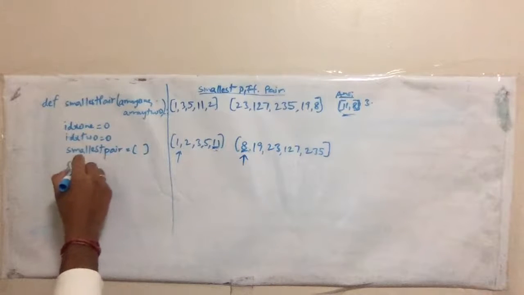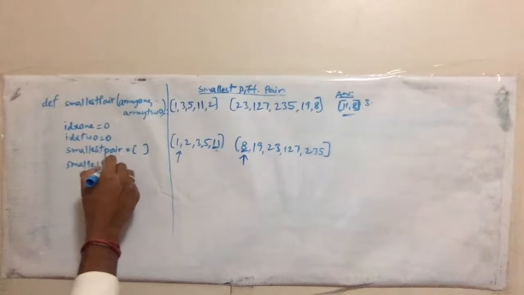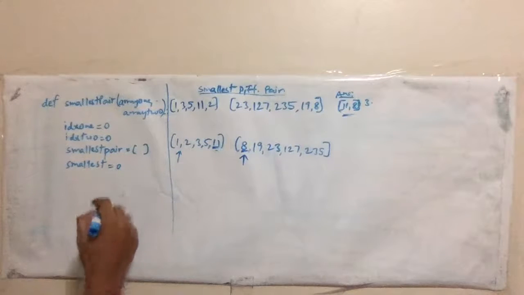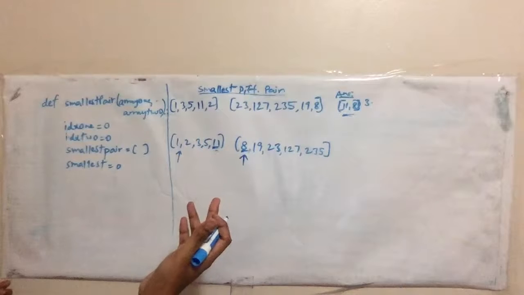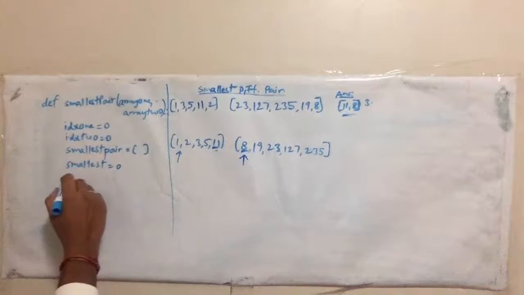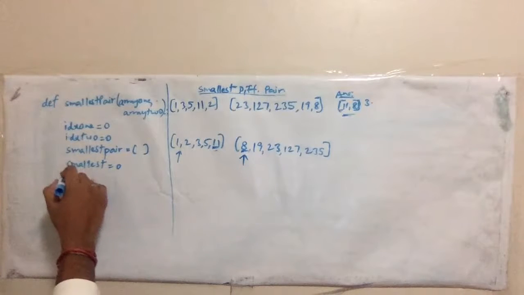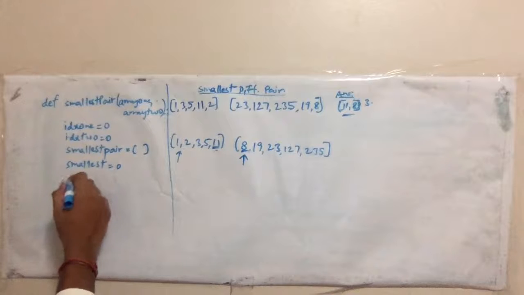And what is the smallest difference? The smallest difference is 3 in that case. So I will initialize it with 0, because if there are no elements, it will be 0. Smallest, and we will see what else.